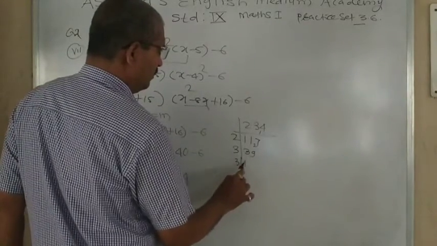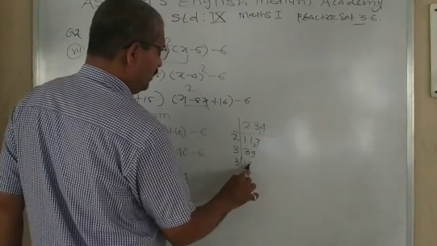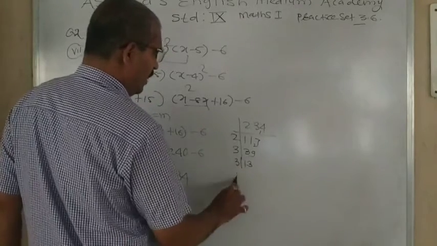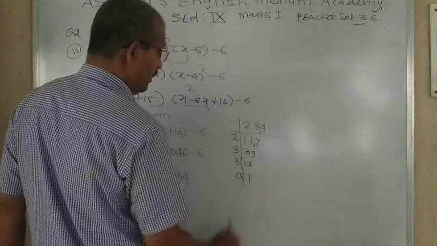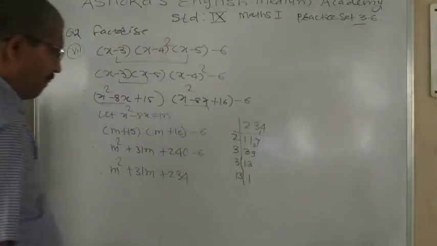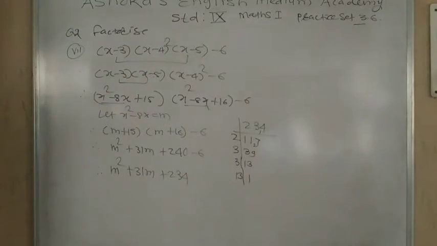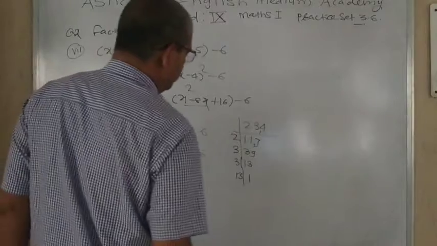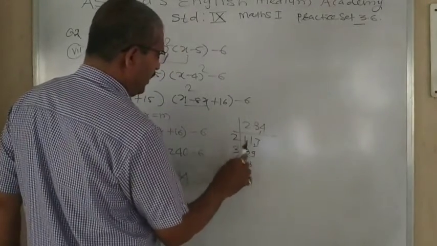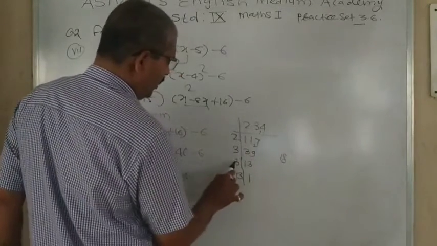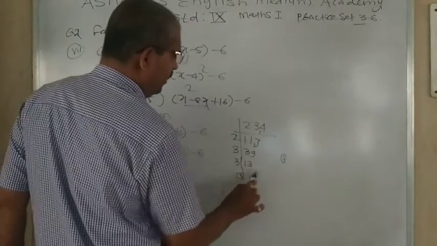Now we have to check how it should become: 2 3's are 6, 3 3's are 9, 9 2's are 18. Look here, 3 3's are 9, 9 2's are 18.